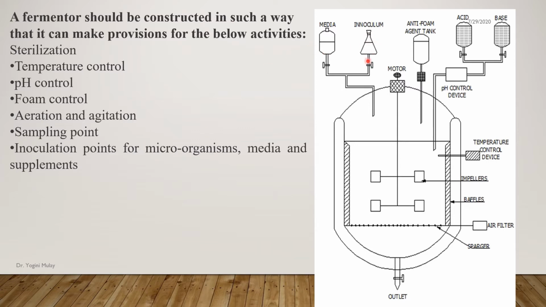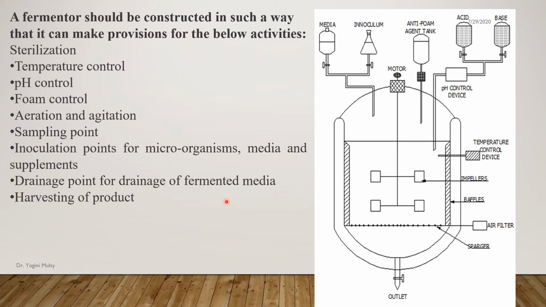See, this is the inoculation point through which we can inoculate the desired microorganism which we are going to use for this fermentation, as well as there is a provision for the inoculation of media. So this is the way through which media can be added in this fermenter.